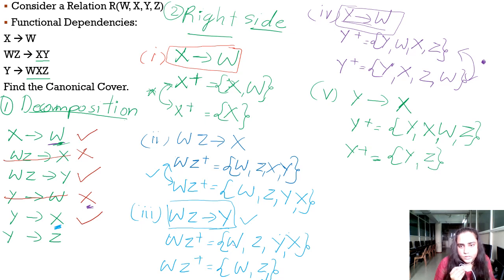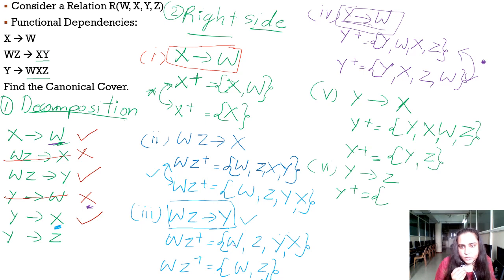And now for the last dependency, which is Y determines Z. So this is my sixth one. Y determines Z. Once again I calculate Y plus. And what do I have in Y plus?